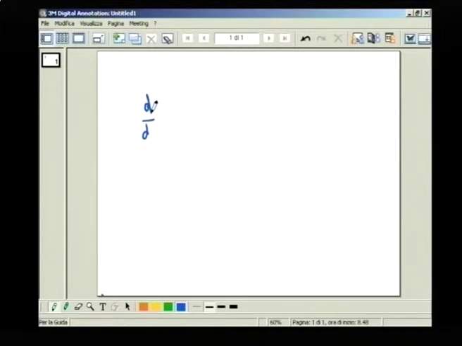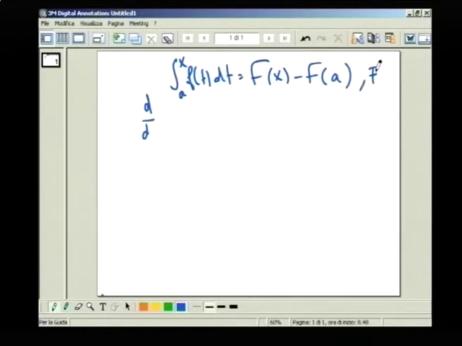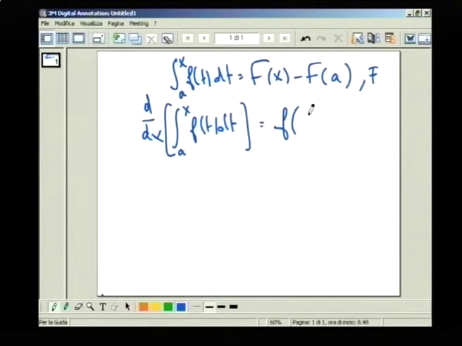the fundamental theorem of Cauchy tells you that the integral from a to x of f(t) dt is equal to F(x) minus F(a), where f has an antiderivative capital F. Now, if you differentiate this with respect to x, you get f(x), which means simply that what you have here is an integral, and when you differentiate it, you get f(x).